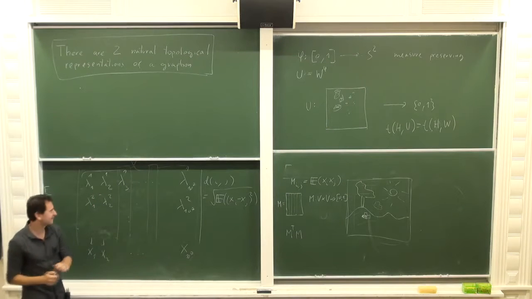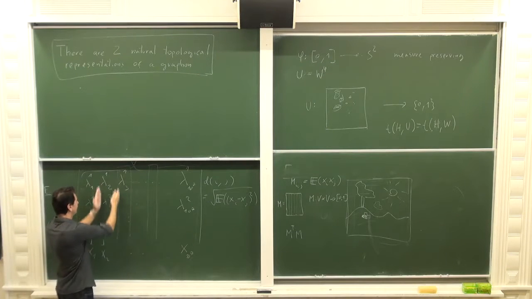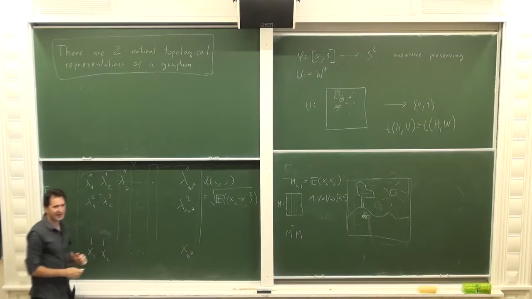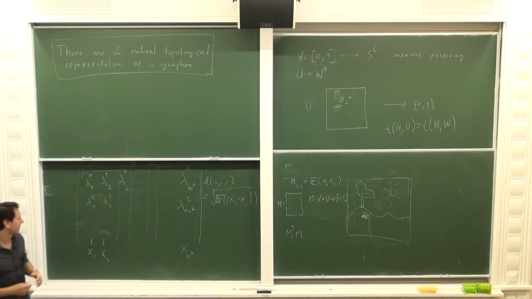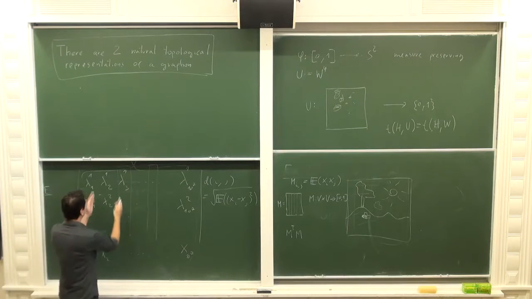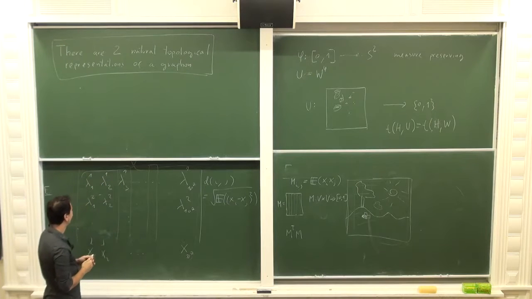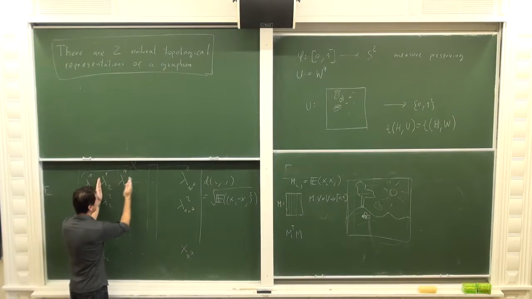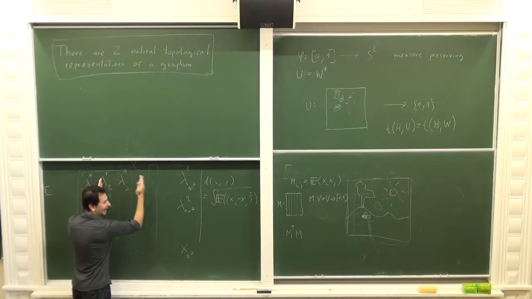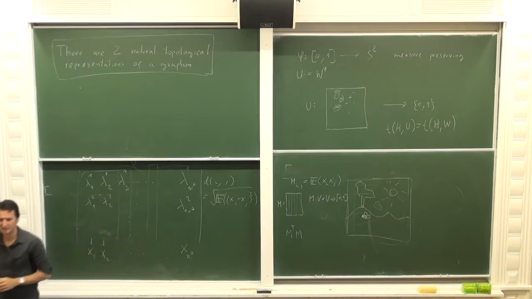In the previous case, two columns were similar if they had a small L2 distance. In this new metric, two columns are similar if they have similar scalar product with any other column. And that takes care of this randomness.